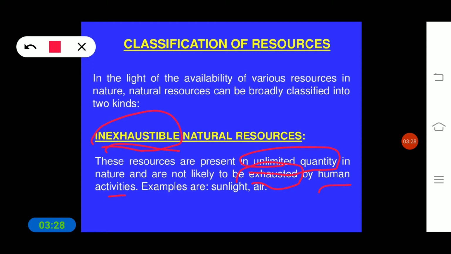For example, sunlight, air, water. These are all sources that cannot be exhausted by human activities. Due to their unlimited quantity in nature, we call these resources inexhaustible natural resources.